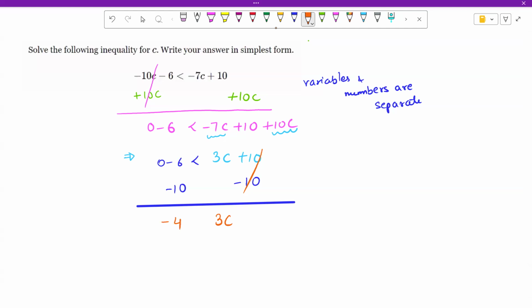Yeah, it's already a negative. So, what do we get? Negative 16 less than 3C.